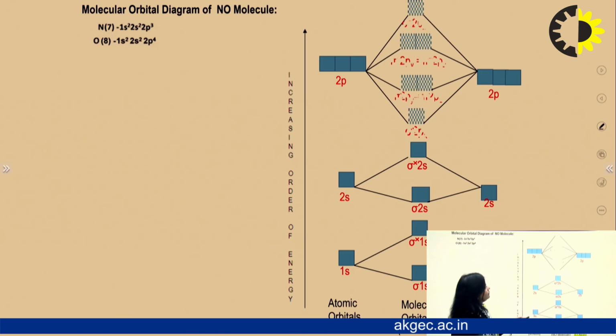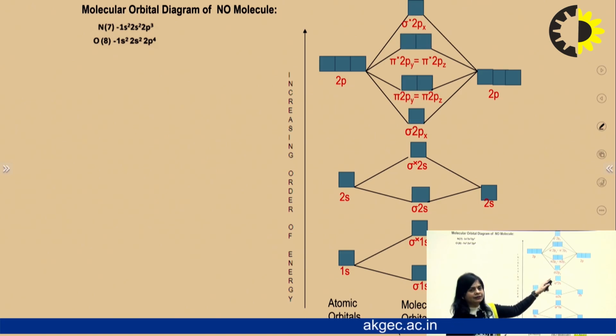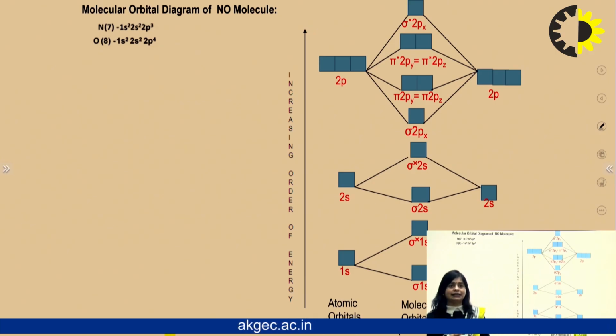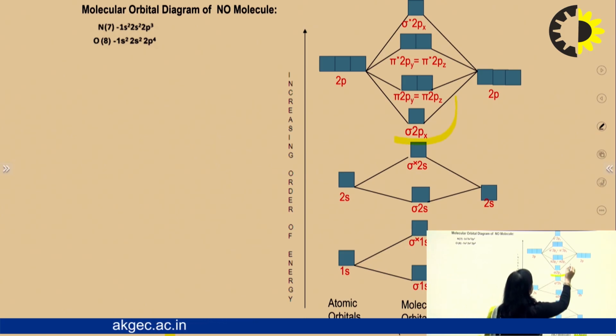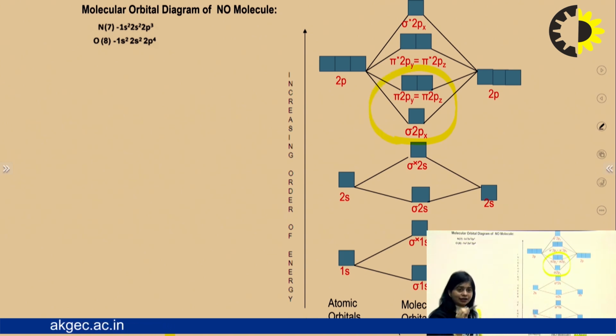So firstly written is sigma 2px, then pi 2py, pi 2pz, then pi star 2py, pi star 2pz, and sigma star 2px. The important thing for case second is that firstly sigma 2px is written, and then pi 2py and pi 2pz.